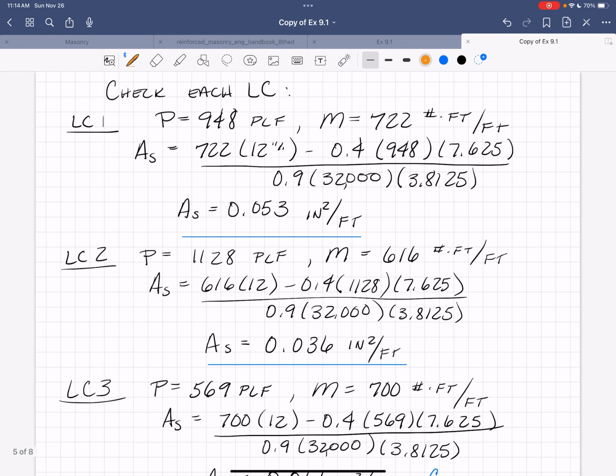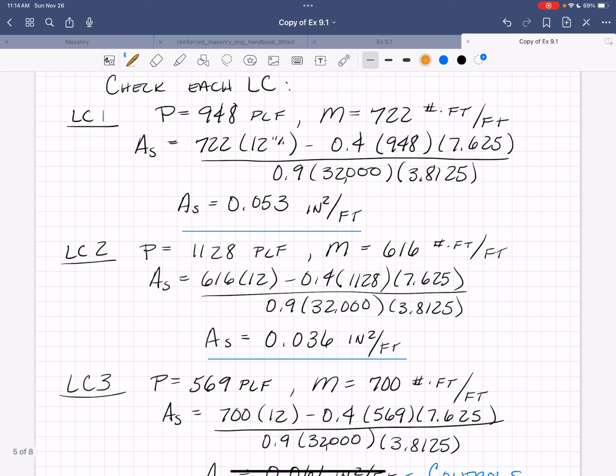So let's look at what we got here. We're going to have to check each load case. I'm using Pmax or Mmax when necessary, but when I'm actually solving for the required steel or checking the final calculations, I need to check all 3 load cases. So you can see that a spreadsheet's going to help a lot, or if you're working for a firm, they may already have spreadsheets set up for some of these computations if they do a decent amount of masonry.